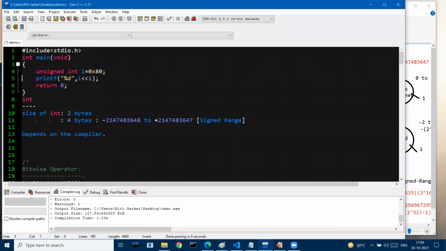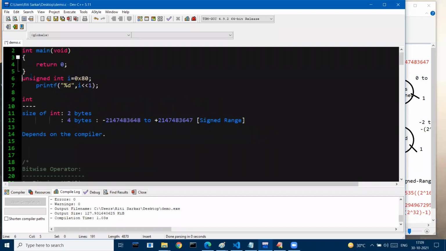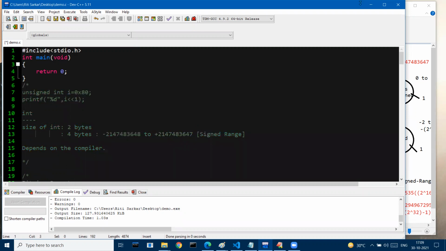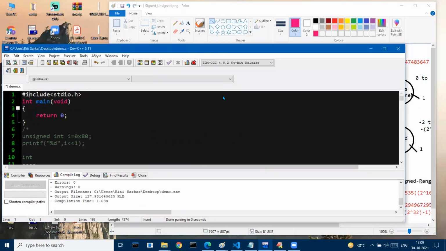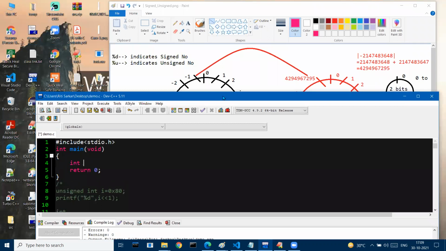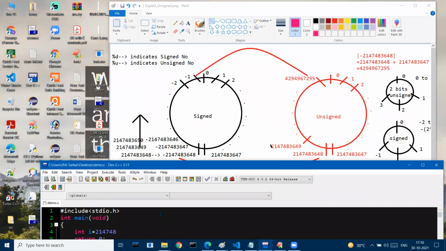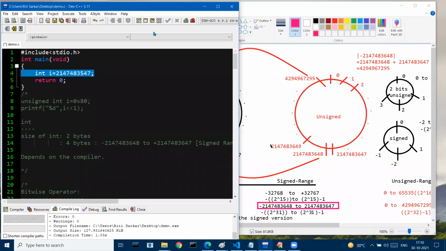Now you see the beauty, guys. Forget about this code for now; I will bring it back later. Say for example, I took one integer here: int i is equal to the last value in the signed range, 2147483647. Now I want to print that value.